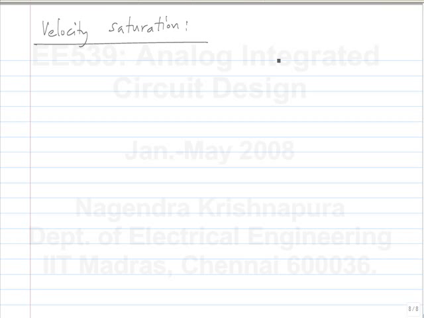What happens when you have velocity saturation? Ft is Gm by Cgs, and what is Gm in velocity saturation? It is W Cox Vsat, where Vsat is the saturation velocity of the carriers.